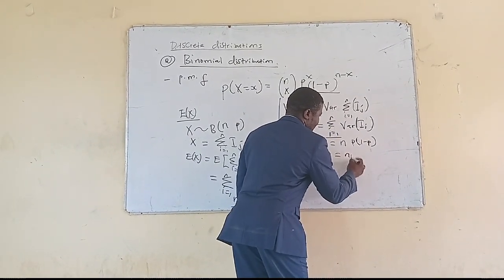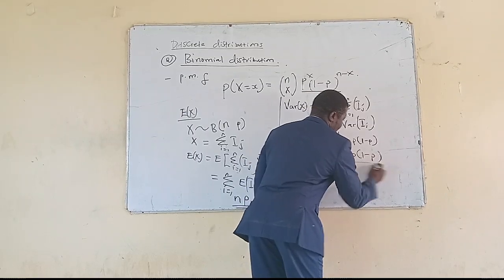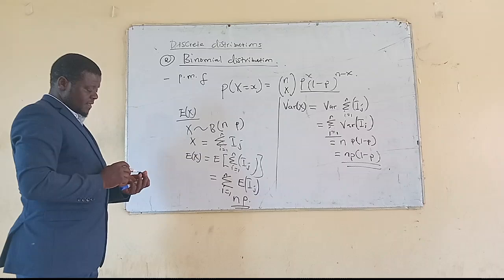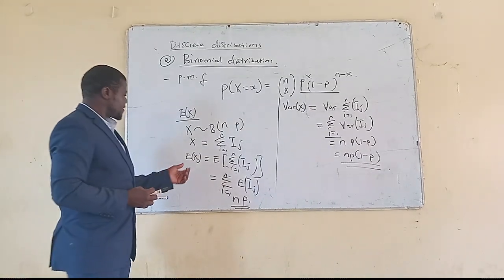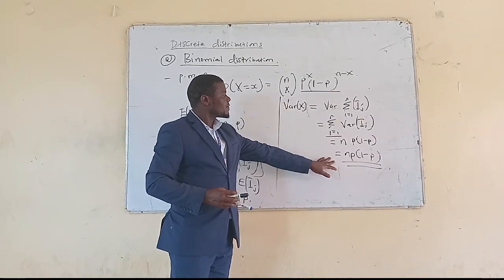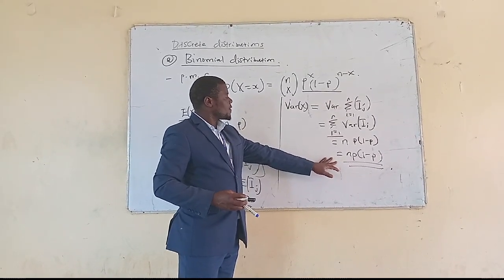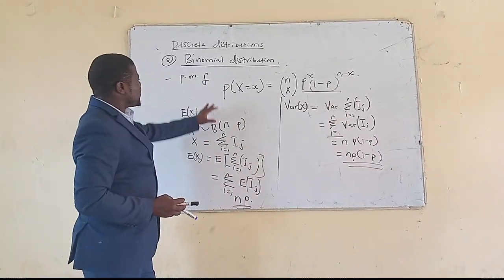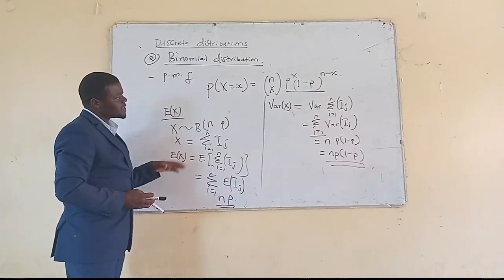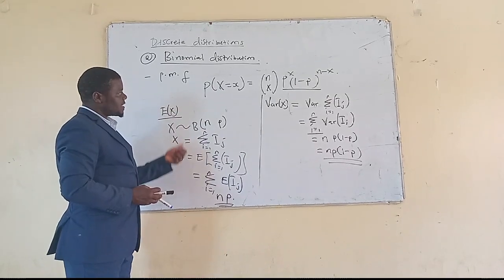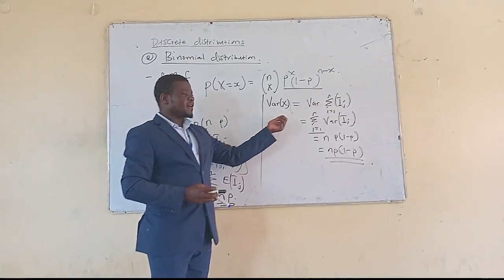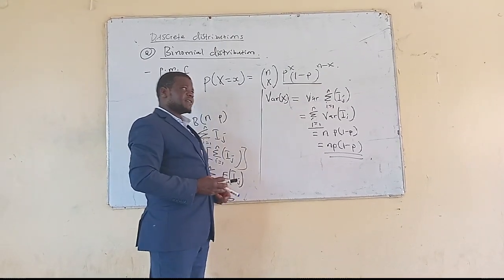So that is np(1 minus p). That is the expectation and the variance of a binomial distribution, and the probability mass function. Up to this point, we will only talk about these three: the PMF, the expectation, and the variance.